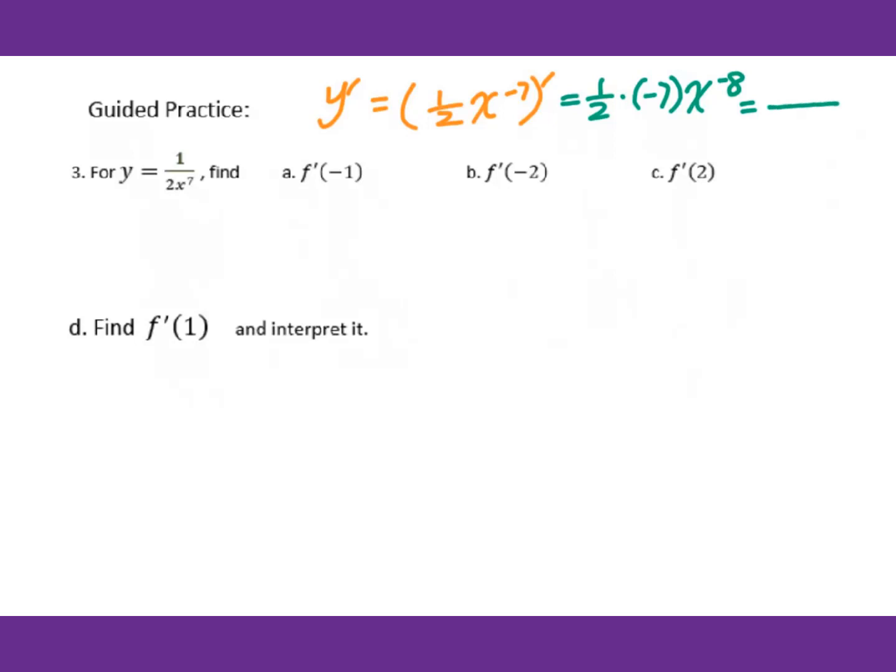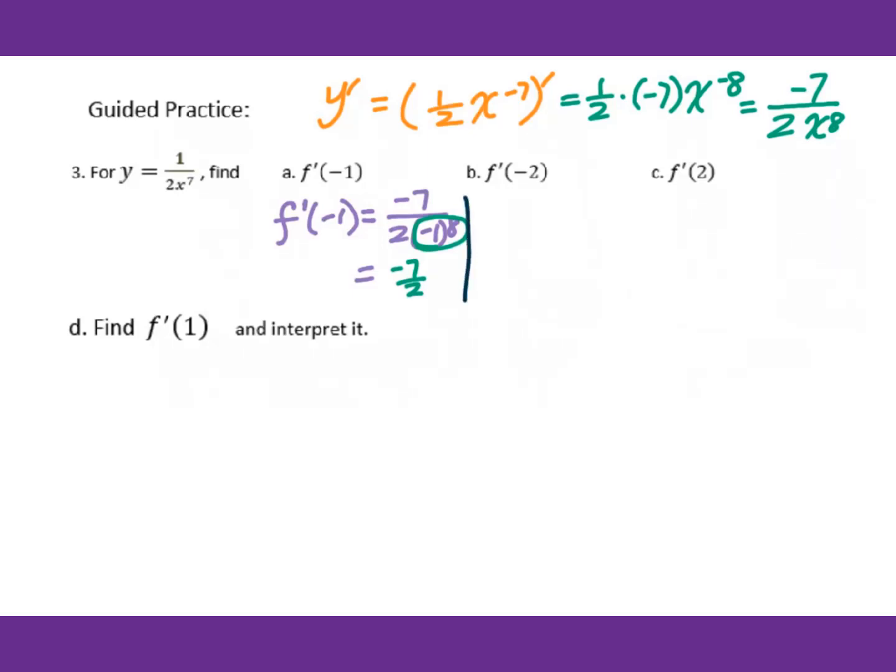So we have 2 x to the 8th power in the denominator and the top is negative 7. Then we just need to plug in. Derivative of f of negative 1 equals negative 7 over 2 times negative 1 to the 8th power. Therefore, this will be positive 1, negative 7 over 2.